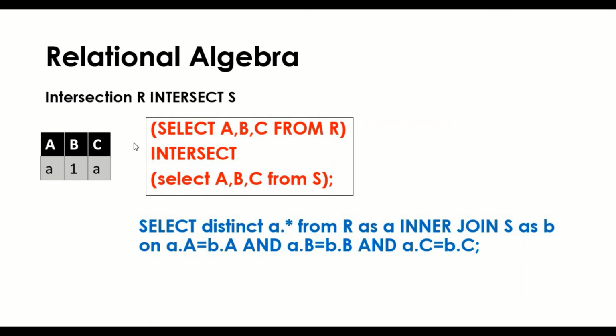The next relational algebra operation is called intersection. So this is the syntax. We use intersect, but of course MySQL does not support this keyword intersect. We will use inner join.